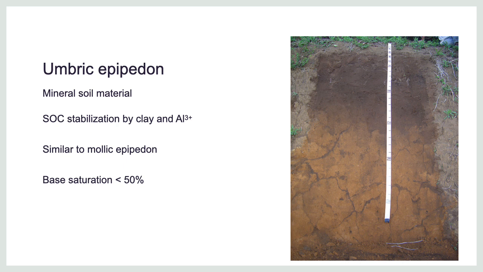In this specific case, what really helps the organic carbon stabilization is the clay and aluminum. The aluminum, such as calcium, can also create very strong chemical bonds that avoid the microbiological decomposition of organic carbon, and the clay can produce physical barriers that reduce the microbiological activity on soil organic carbon.